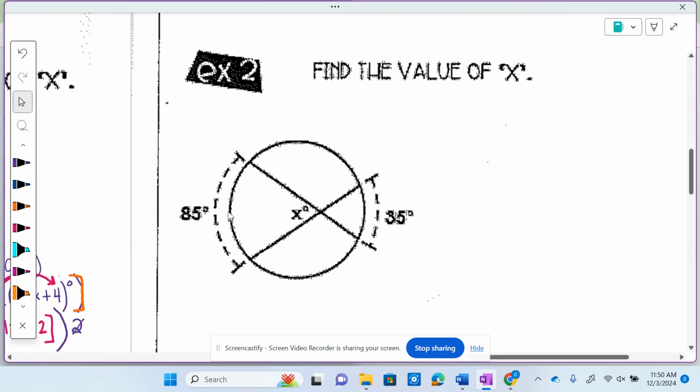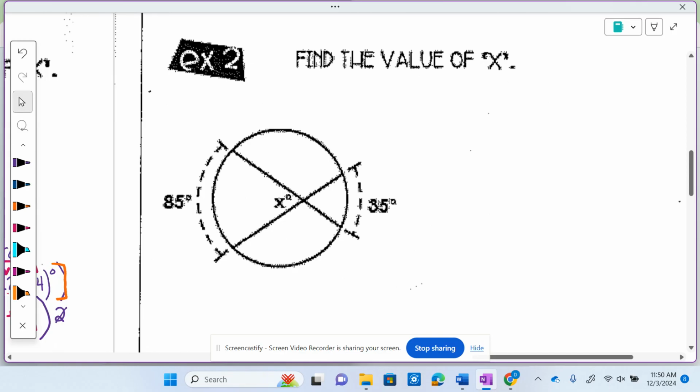Okay, this is 2 secants intersecting inside of a circle. Kind of looks like a bow tie. So remember, we know that the measure of the angle equals 1/2 of arc 1 plus arc 2. So x, that's the angle, equals 1/2.